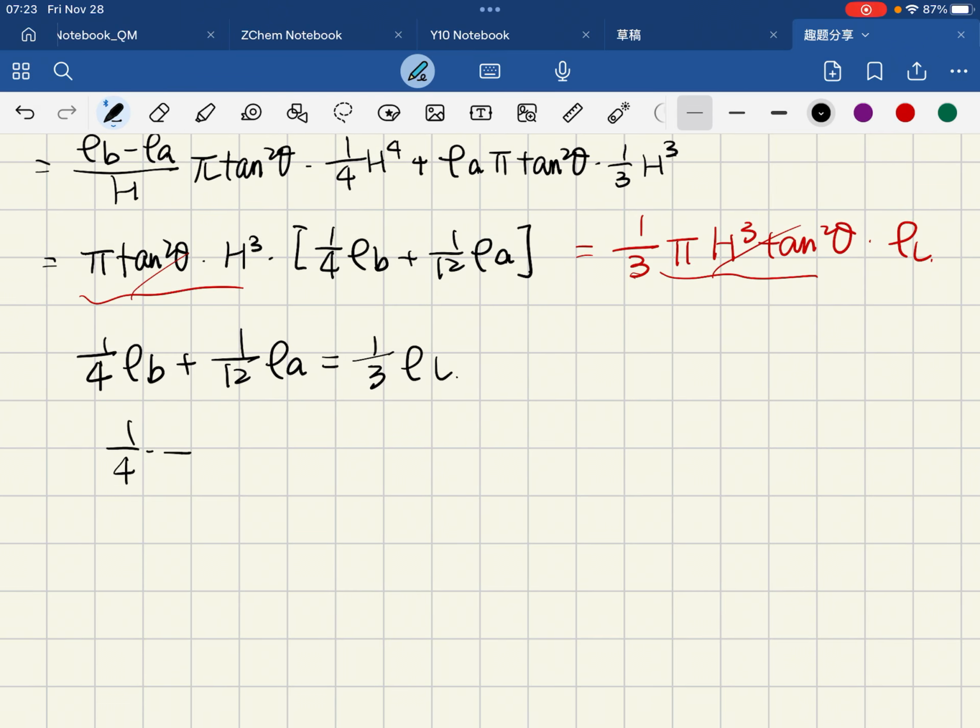Because rho B equals 1 over 2 rho L, rho A actually equals 5 over 2 rho L.